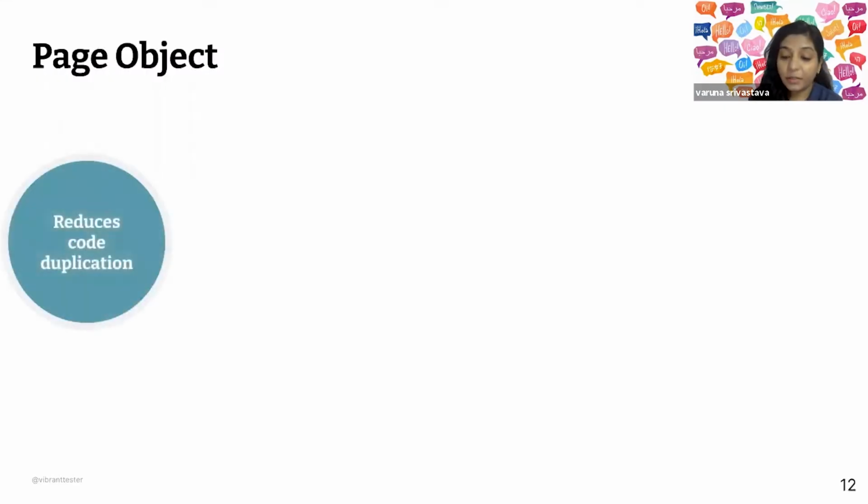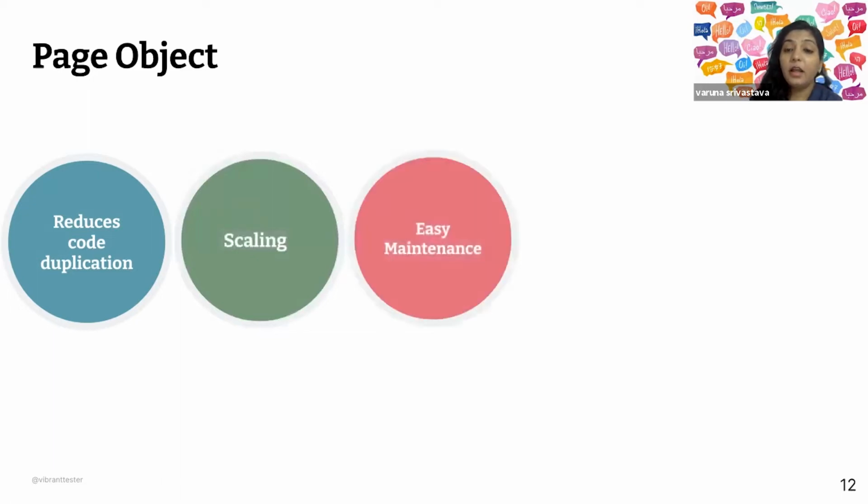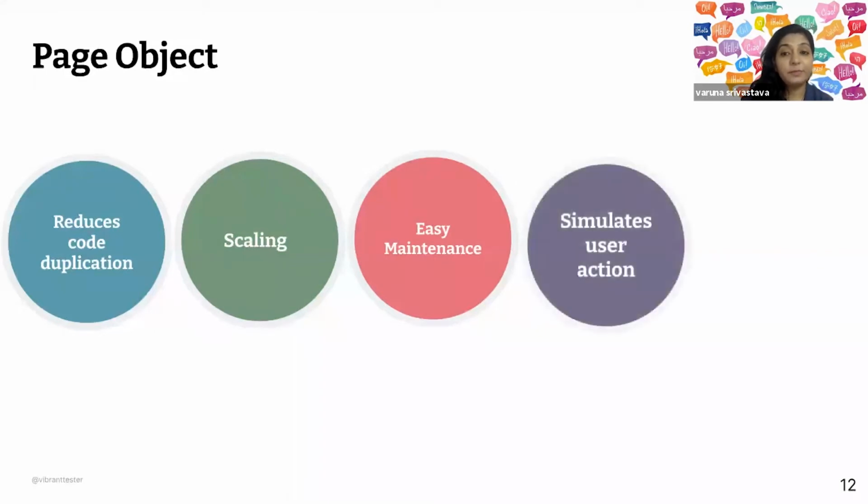So what does the page object pattern do? It reduces your code duplication. It helps in scaling, and easy maintenance eventually. Starting out, you have to put a lot of effort into designing the page objects, but eventually it comes with easy maintenance. It simulates the user action.